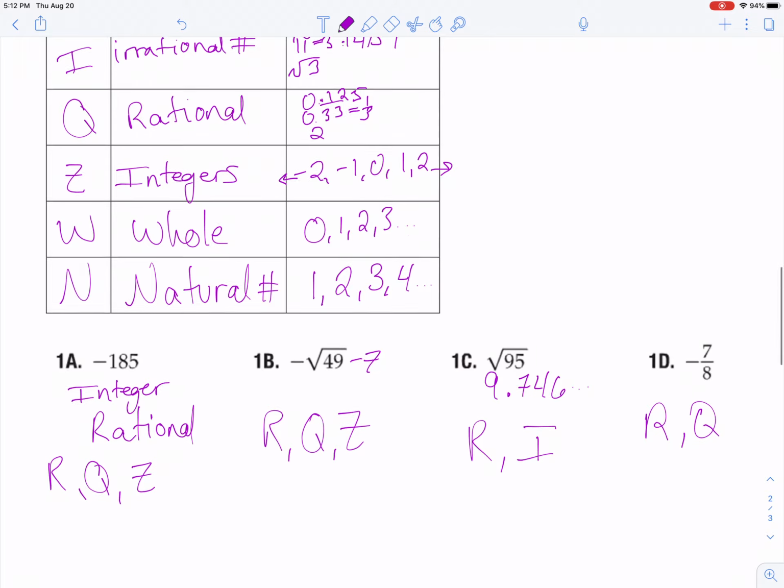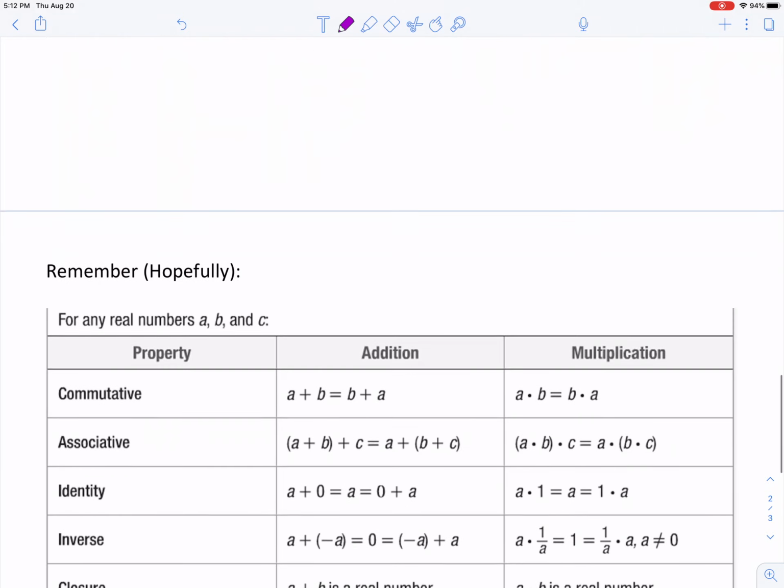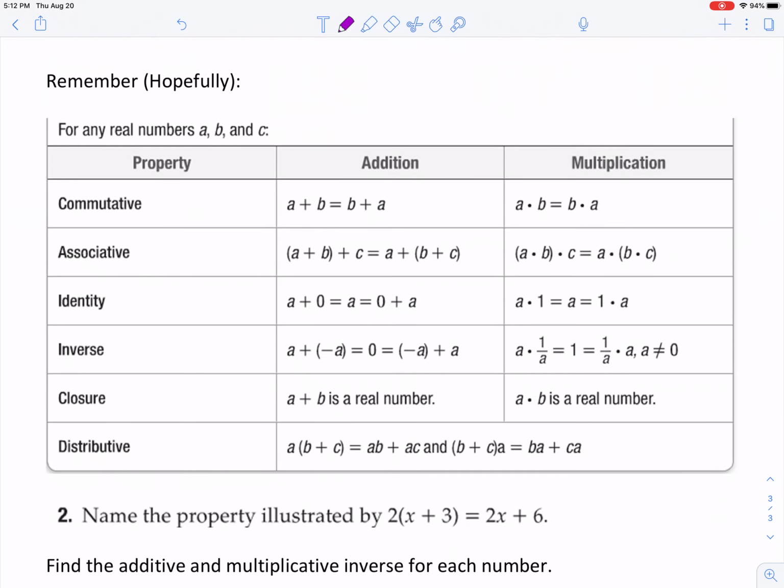All right, have that chart handy because it makes life easy when you're doing this stuff. The book gives you all the fancy rules that we can use. It doesn't matter what order we multiply or add in; I can add or multiply in any order. If I add 0, the number stays the same.